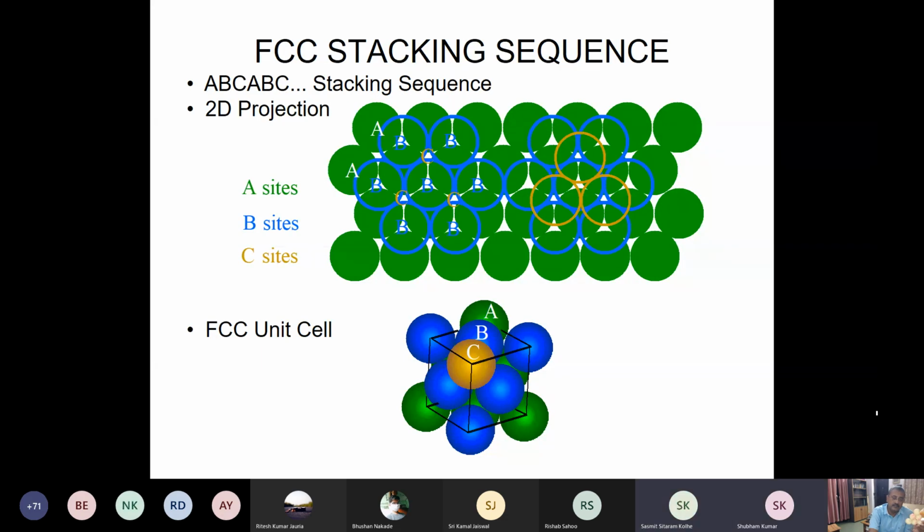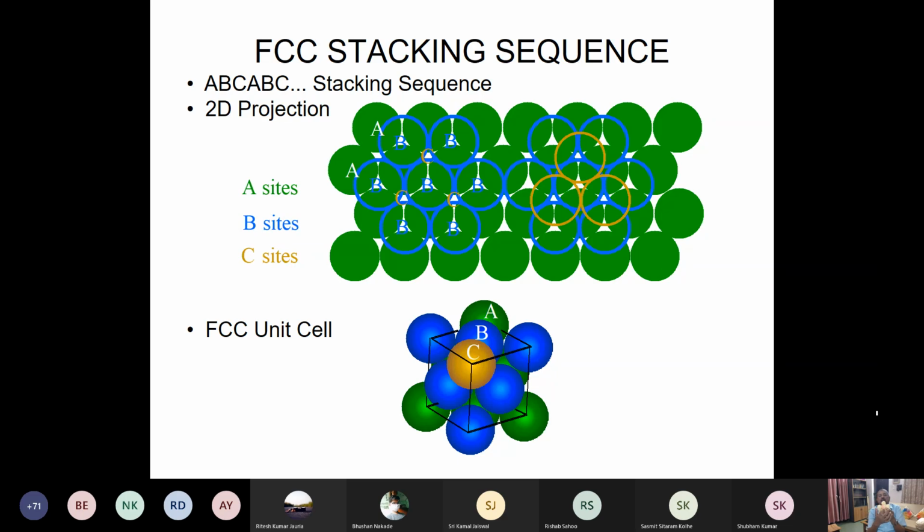AB. So now for another close packed plane of atoms, I put these three atoms just above the B holes. Okay, can you see this? So the central hole is the position C.